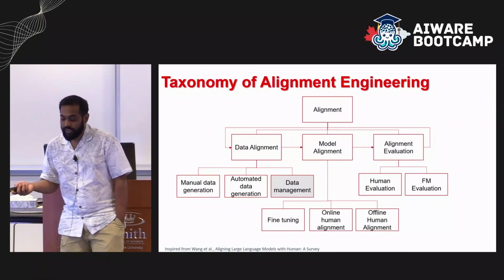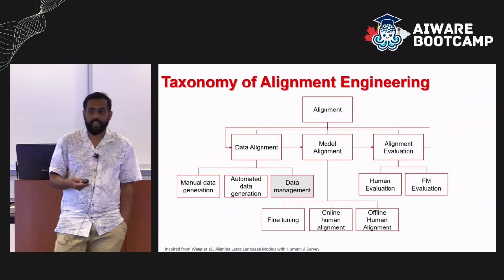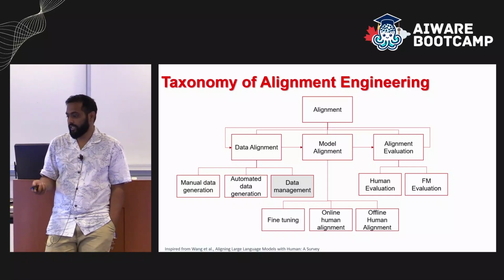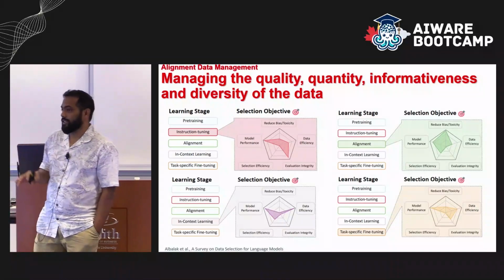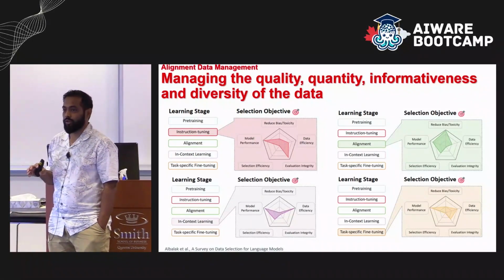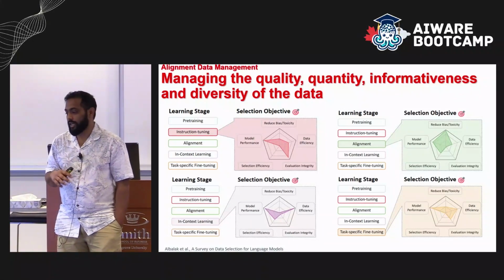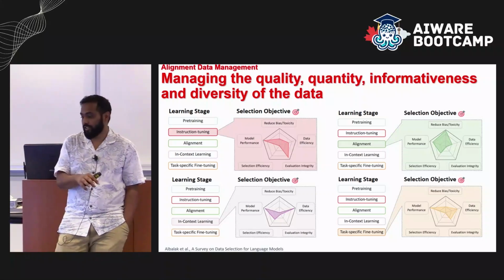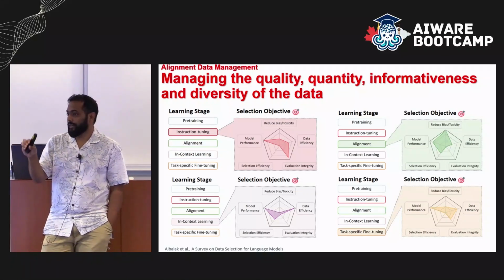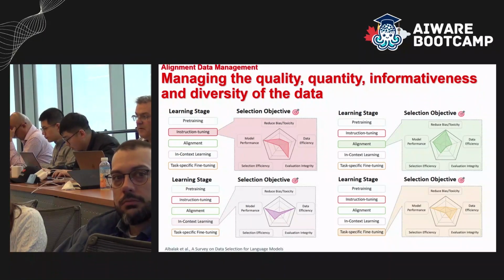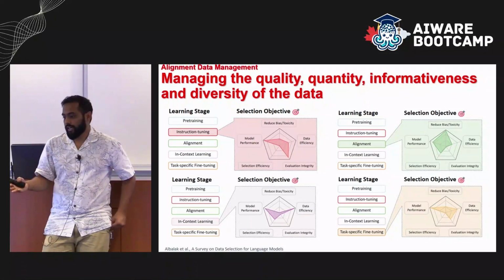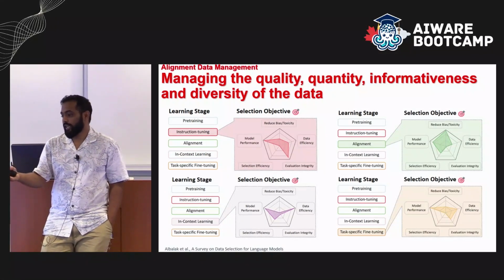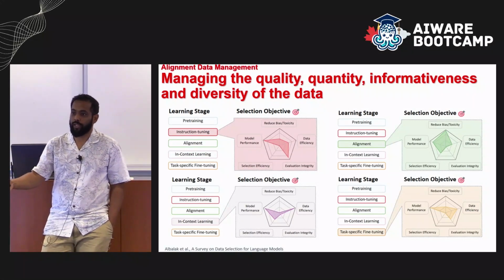And so we saw how to manually generate this data, or how to automatically generate this data. But once we do generate this data, there are several things that we have to really worry about, like quality, how to reduce the bias, how to make sure this is the right data for the right task. And depending on the task that we are going to use this data for, which is the data alignment target, if it's instruction tuning data, there are different criteria that you want to optimize for.